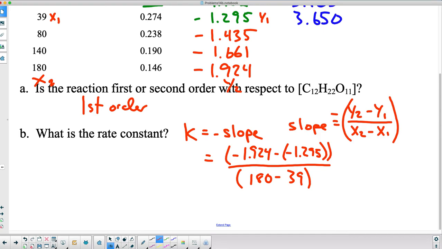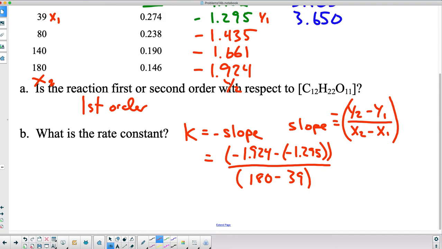Like that. Okay. So that should be, how did they get 171? That does not look right.